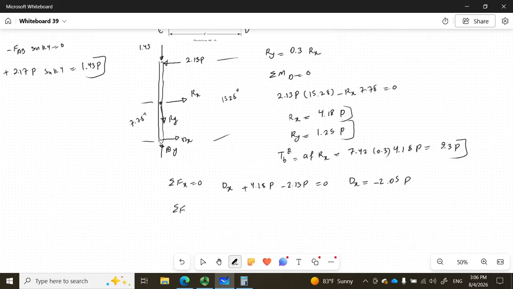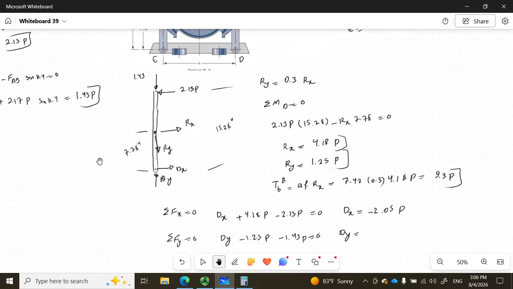Then summation of forces in y must be 0. So DY is going up, Ry is going down. That was the other force, 1.43 is going down. So DY equals, you know what, I want to use my calculator.